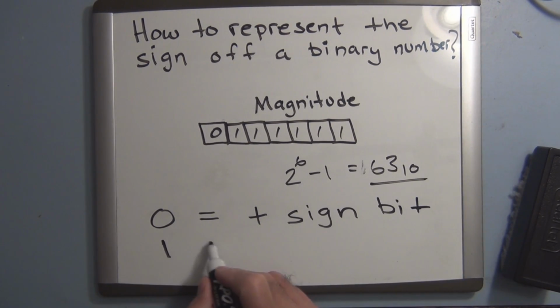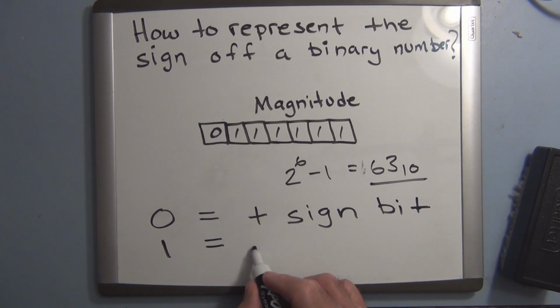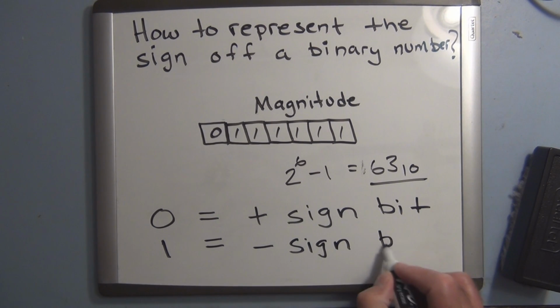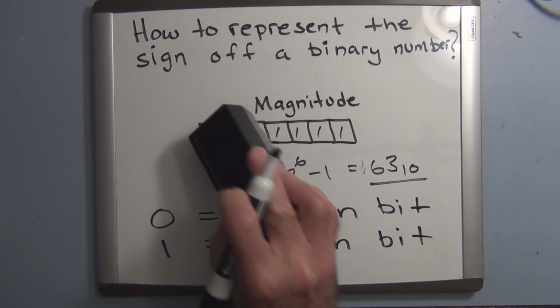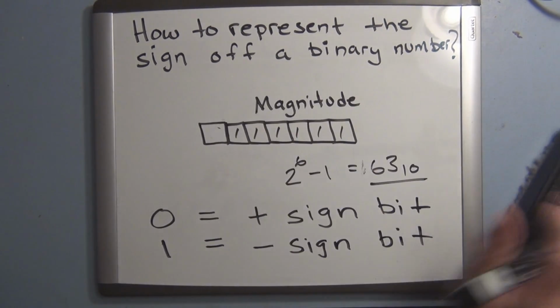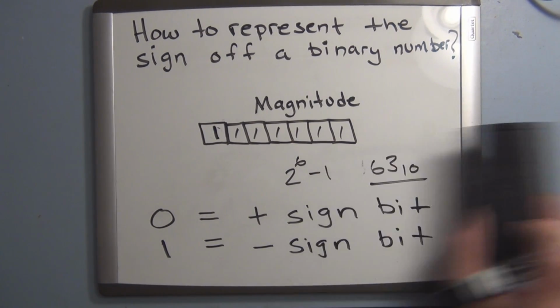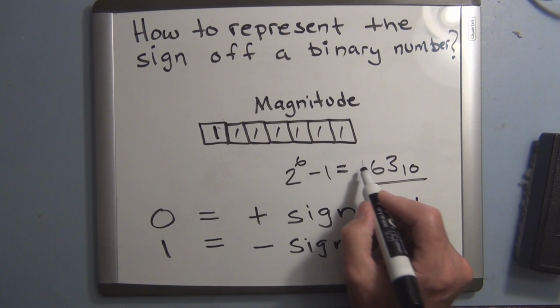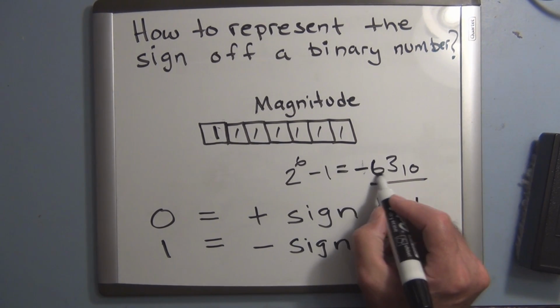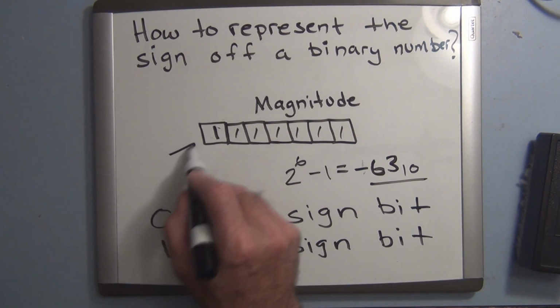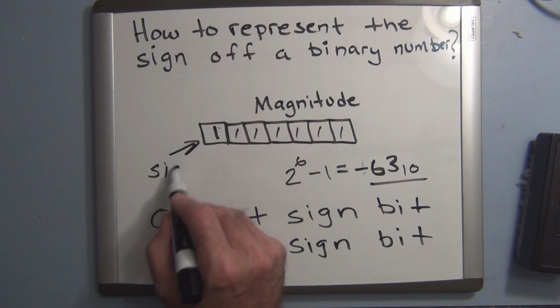If there is a 1, that will designate that we have a negative sign. So if there is a 1 here, this will be indicating that it's a negative 63. So this is the sign bit.